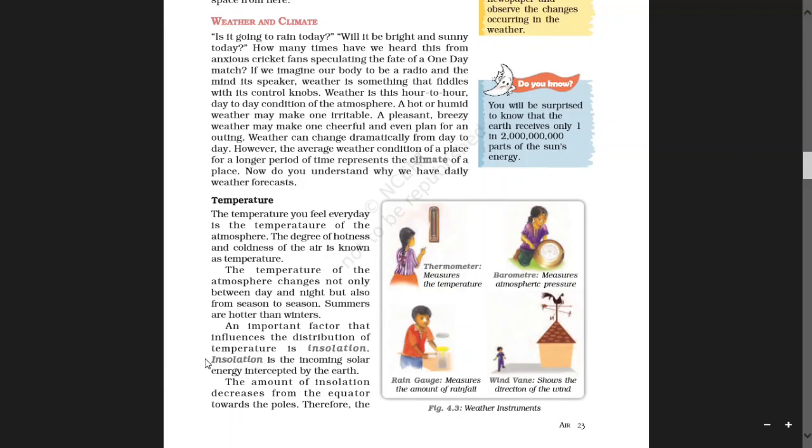Insolation means the amount of solar radiation reaching. Insolation is the incoming solar energy intercepted by the earth.